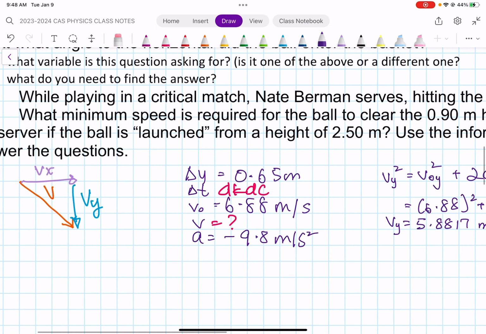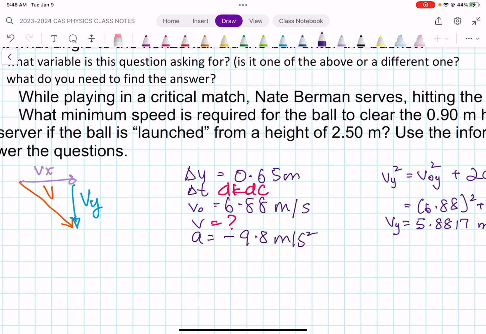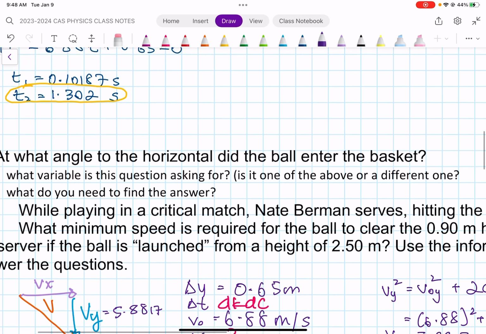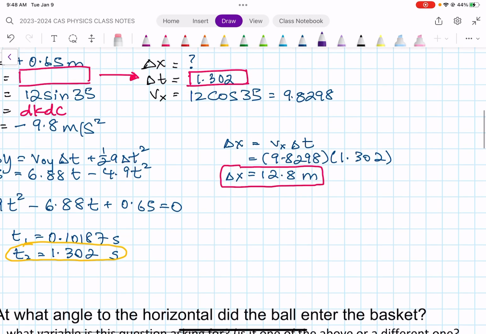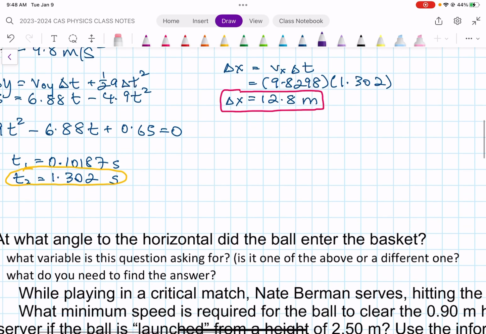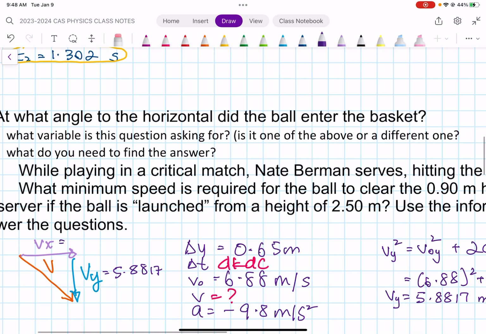Okay, so going back to this triangle, I've now figured out this, which is 5.8817. I already know Vx, it's up here. It was 9.8298. Now, how do I solve this? What I want is theta. This is a triangle with a right angle. So what I have is the opposite and the adjacent.